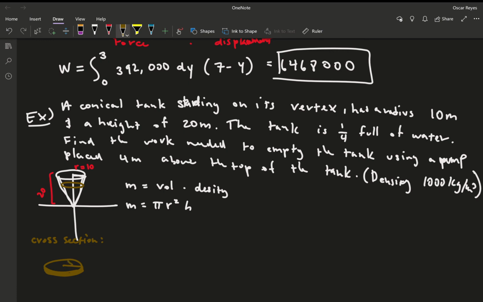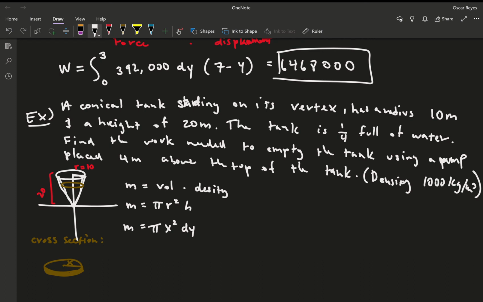So in a sense, our radius is x as we go up and down the cone. So our mass is equal to pi. Our r, we know that it's going to be x because it's ever changing, which is x squared. And our height is basically the thickness of the cross section, which is dy.